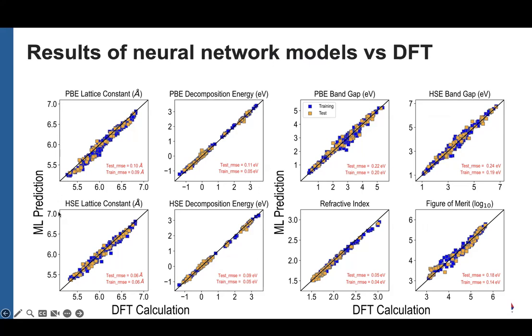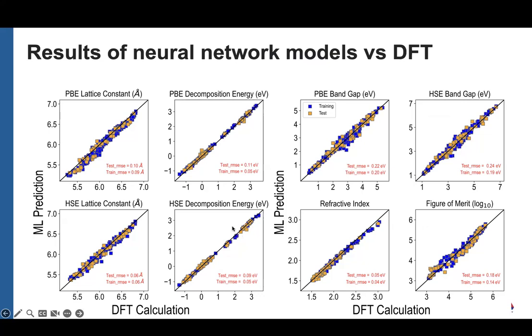On the vertical axis of all these parity plots are machine learning predictions, and the horizontal axis are the DFT calculations. If the model is perfect, everything will fall on this black line. You can see that the models are actually quite reasonable, especially for energetic information, because DFT is most valuable, most accurate when it comes to energetic information.